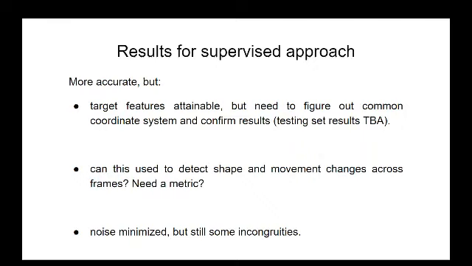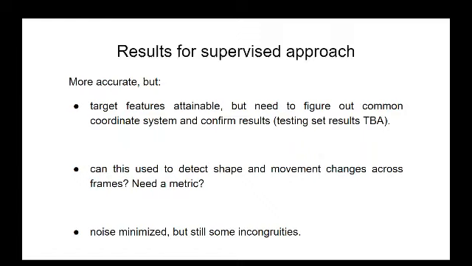Now, can this method be used to detect shape and movement changes across frames? Can we do this just with the data that I showed you, or can we do this in another way? Maybe. We may need a metric for this. We may need to develop metrics above and beyond just sticking it into a deep learning algorithm.